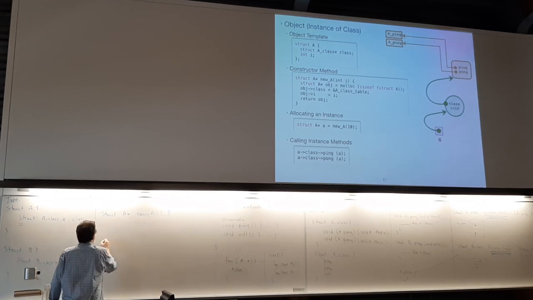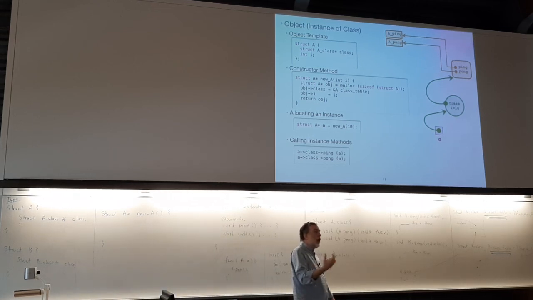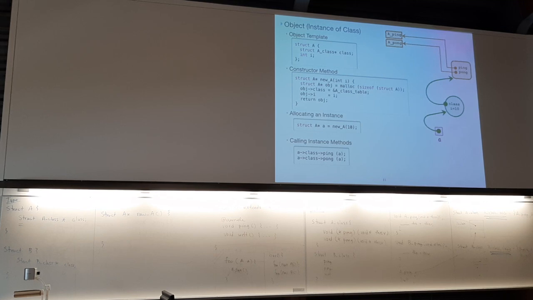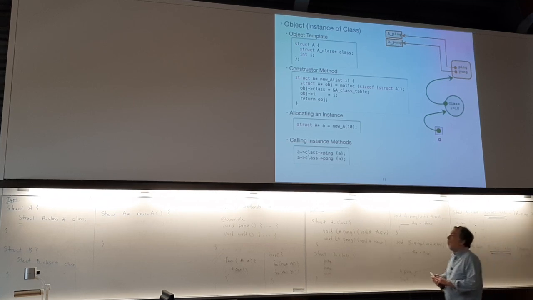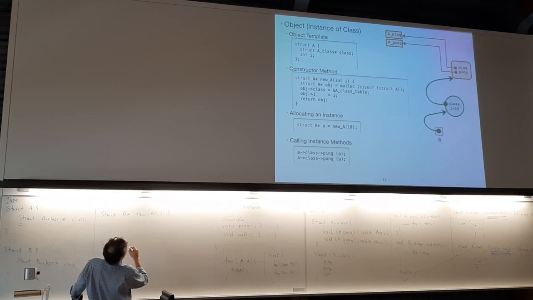And all I have to do now, so what does the constructor do? When you say new, what happens? I have to allocate the memory, and then call the constructor code to initialize it. Okay? So we're going to allocate the memory. I'm going to have a variable that I call object.